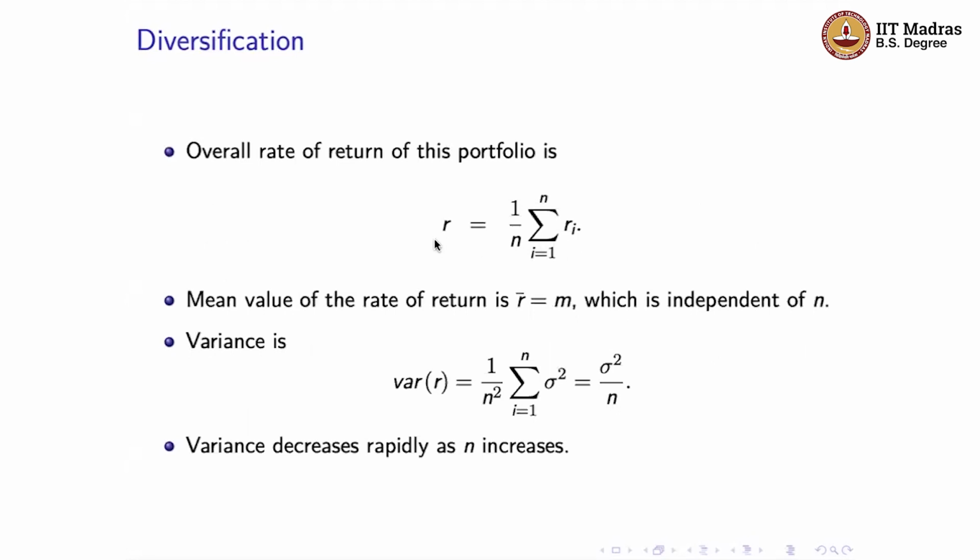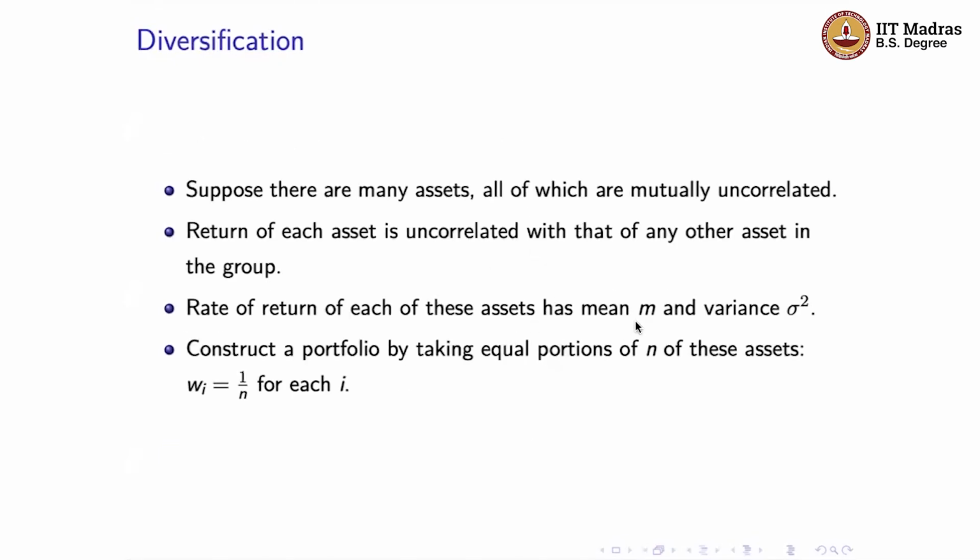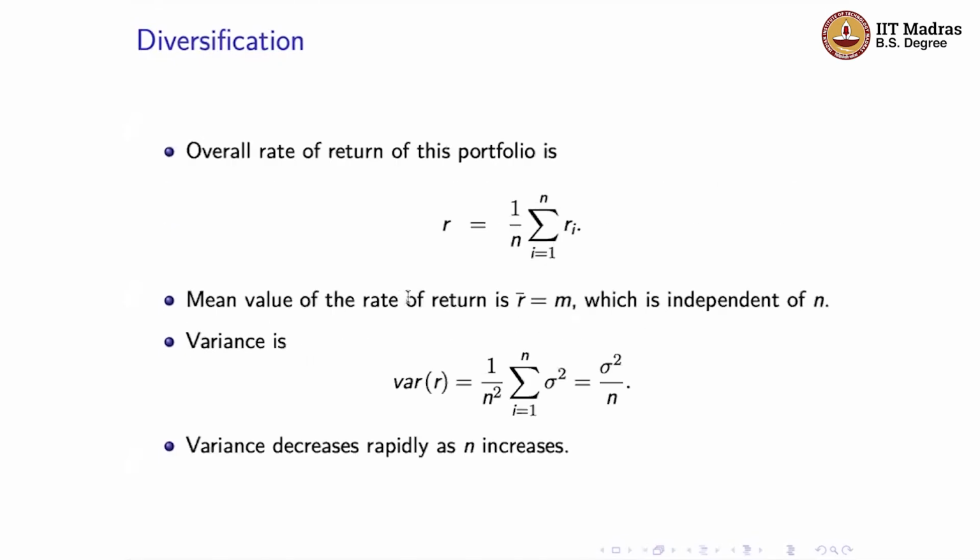Well, if we take the expectation on both sides, we know that each of the assets has mean m. So therefore, the overall portfolio is also going to have the same expected rate of return, right? That's going to be equal to m. And notice that this does not depend on how many assets you have. The expected rate of return for this portfolio is independent of n.